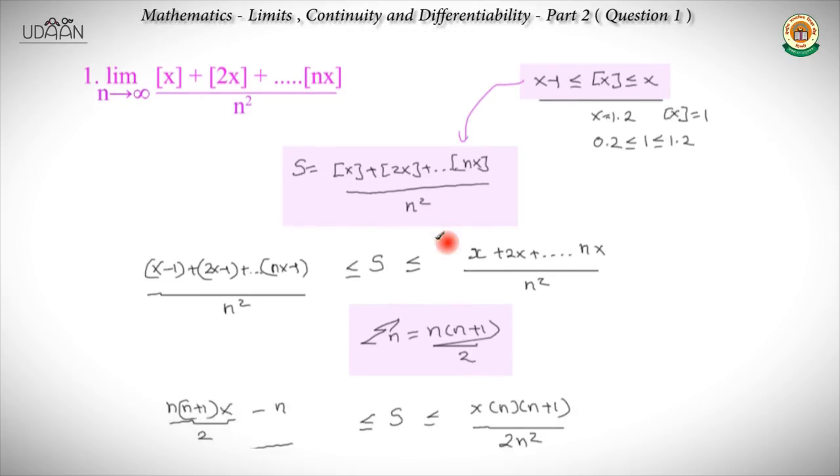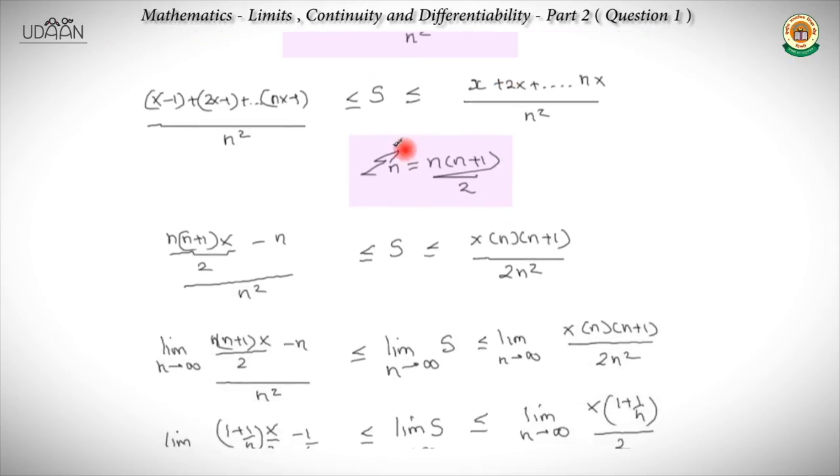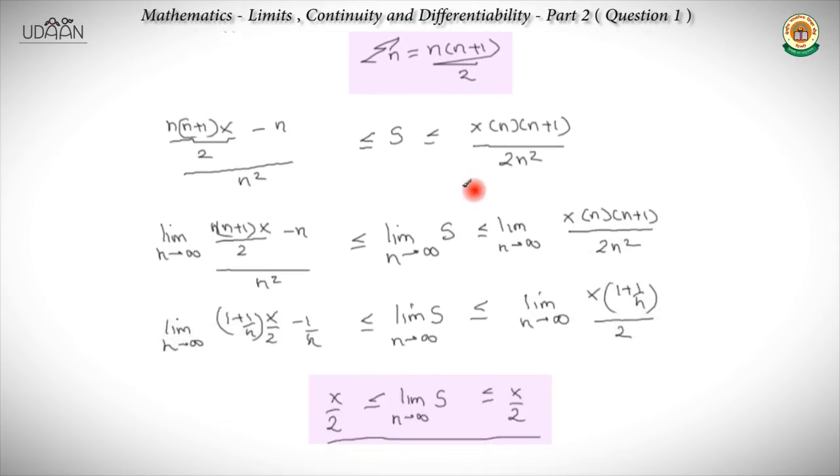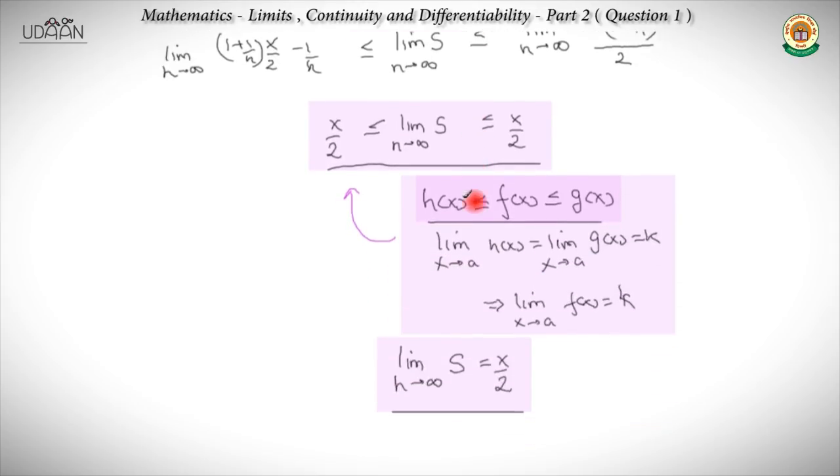So basically what we needed to do was find the limit as n tends to infinity of S. We used a couple of basic axioms which we knew from arithmetic, and we finally arrived at the answer x by 2. So that is question number 1.